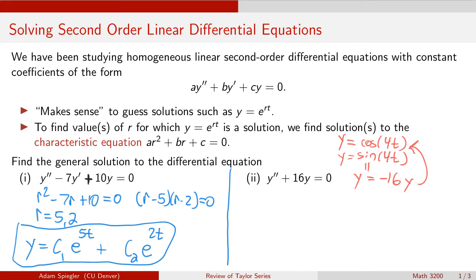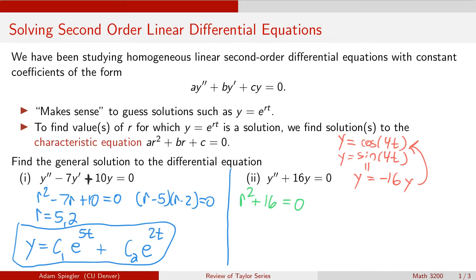So what would happen in the second one, rather than reading this differential equation and coming up with nice guesses for what the solutions might look like, if I just try and apply the same characteristic equation approach? Now my characteristic equation would look like r squared. We don't have any first derivative term, so we have no linear term in our equation. And then we have a constant 16 is equal to 0.